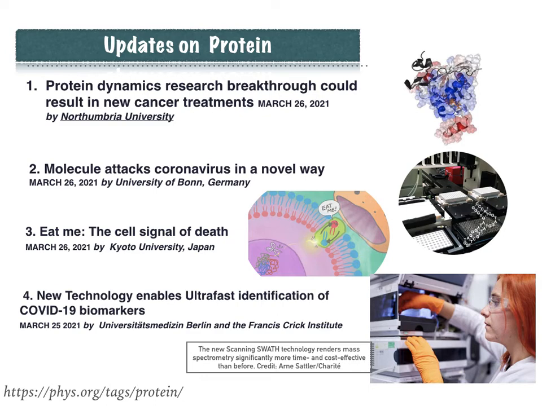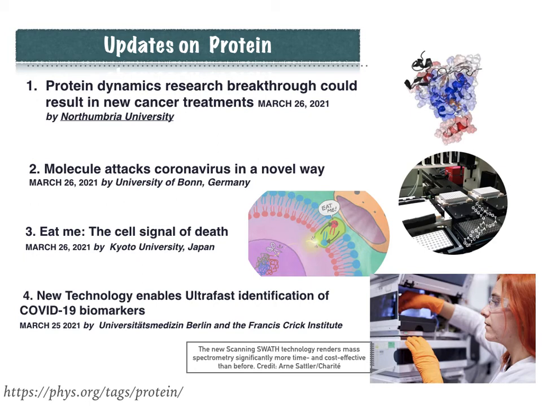This prevents them from entering the respective cell, at least in the case of model viruses. It appears to do this by using a different mechanism than previously known inhibitors. The researchers therefore suspect that it may also help against viral mutations. The study will be published in the journal Angewandte Chemie but is already available online.